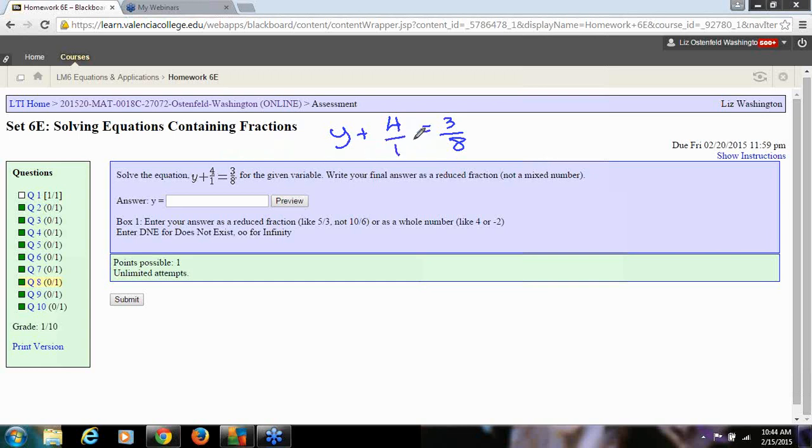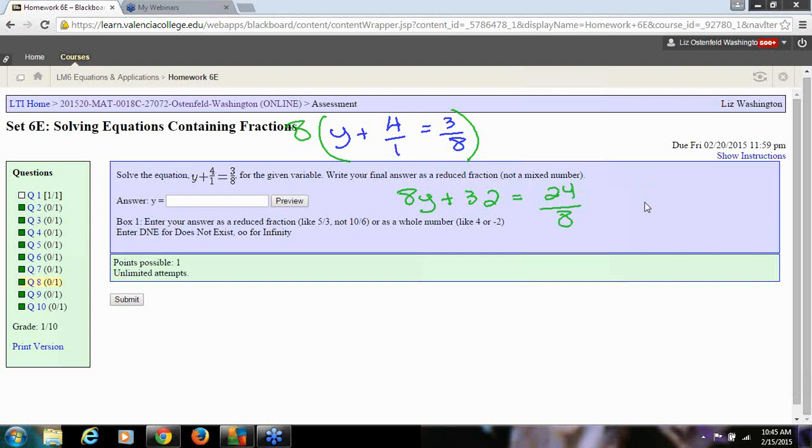And I can write it over 1. I mean, it's not going to change anything. But I already know the denominator I'm going to multiply by is 8 to get rid of all those fractions. I'm going to go ahead and multiply by 8. So this time I get 8y plus 32 equals 24 over 8.